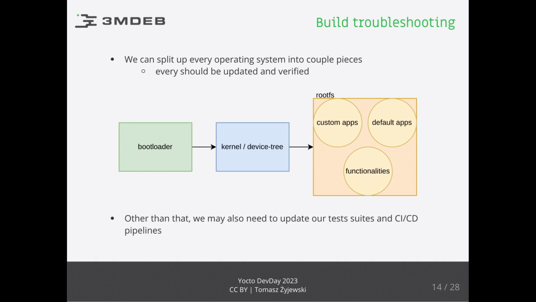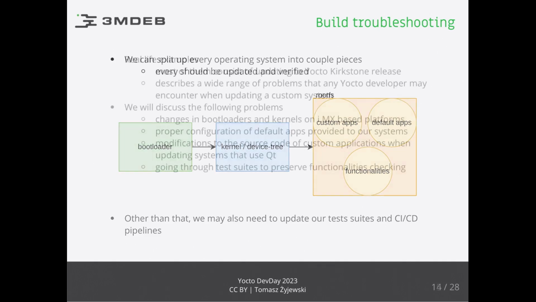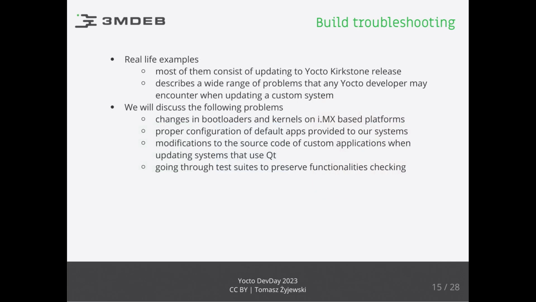Okay, so yeah, as I said, we have some real-life examples from our previous work when we were updating a couple of projects to the Kirkstone release. And we'll discuss the following problems. There were some changes in the bootloaders and kernels that we needed to make on some i.MX-based platforms. Sometimes there were configuration changes in the Poky layer, so the changes that we provided in our BB appends were not applied properly.